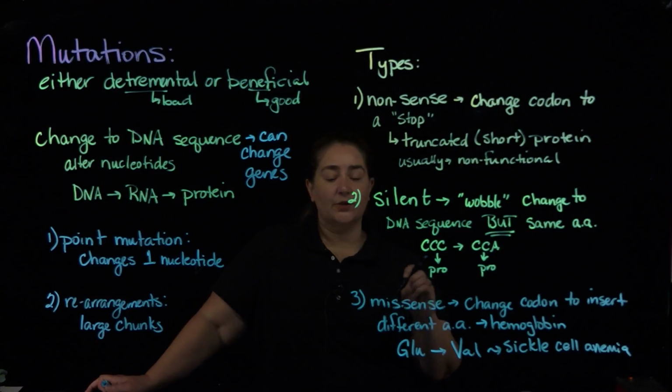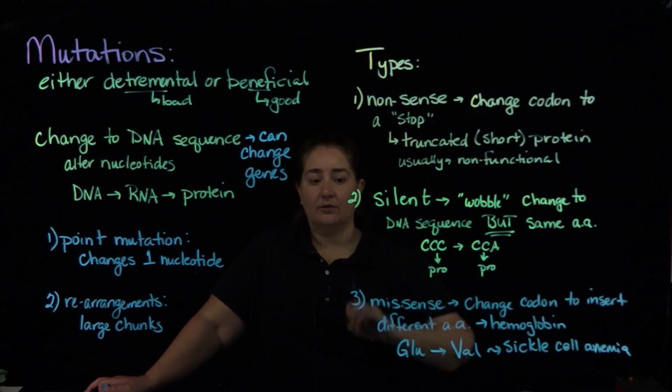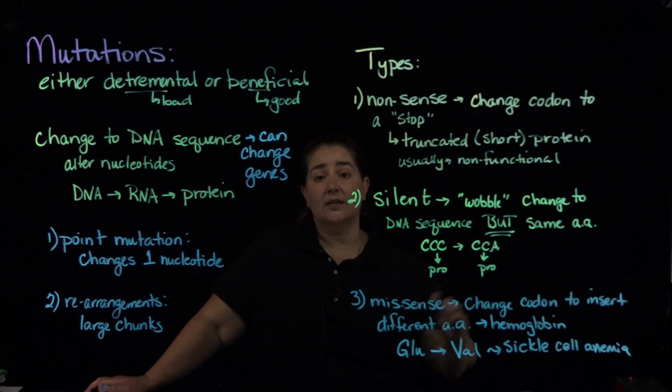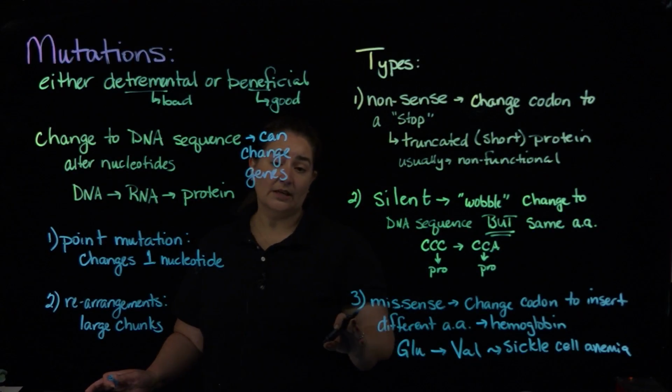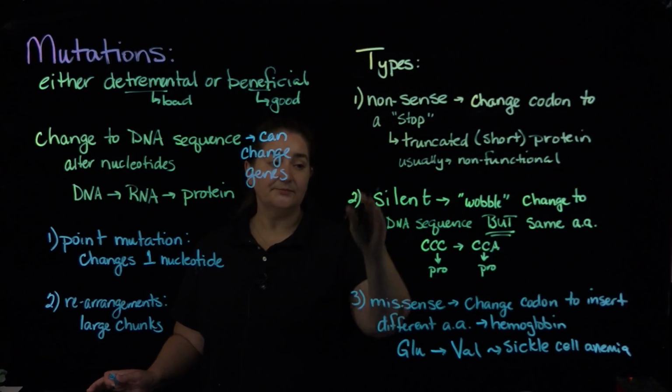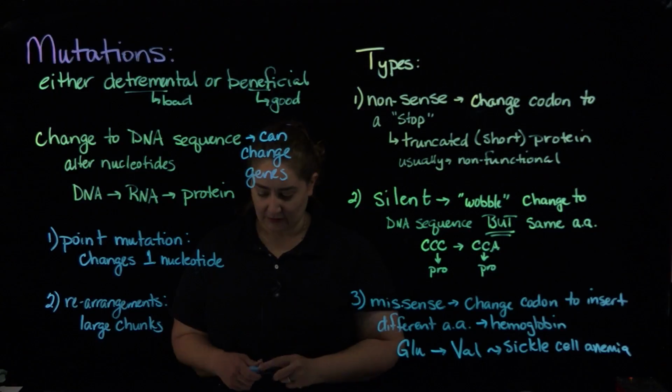Missense meaning we're putting in a different amino acid. You're not putting in a stop codon though, okay? The protein will still keep being made, all right? Missense mutations can be functional. They can be sort of functional, like with hemoglobin, or you can change one amino acid and have the protein be completely non-functional, okay? So again, you've got a change at the DNA sequence, results in a change in the amino acid that's inserted, okay?